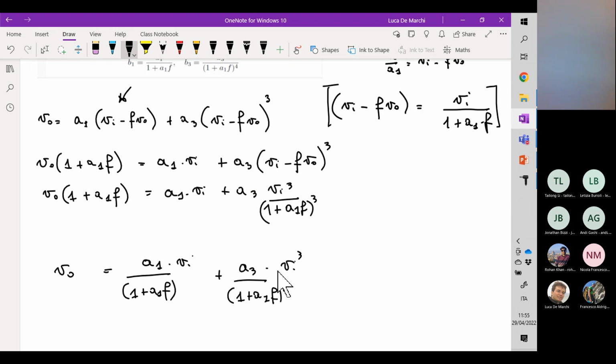This is the conventional expression for feedback loops. What about the output related to Vn?